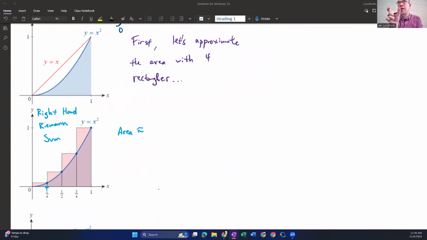So we're going base times height for all of these. The base of all of these rectangles is just 1/4 in length. So the first one would be 1/4, and then the height of this would be 1/4 squared, since we're using this one as our input to find this height.